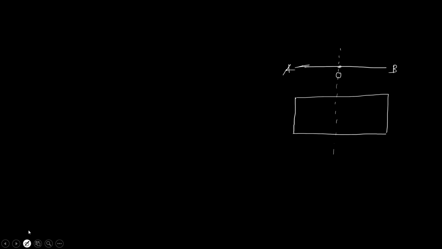The force is acting here, W, and this is the eccentricity. Now this dimension is b and this dimension is 1. Why 1? Because we have considered the length of the dam as unit length.